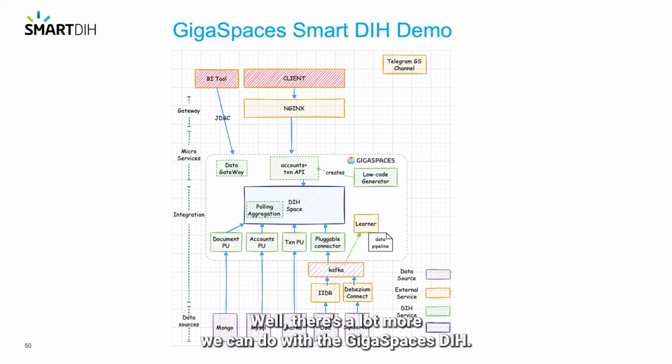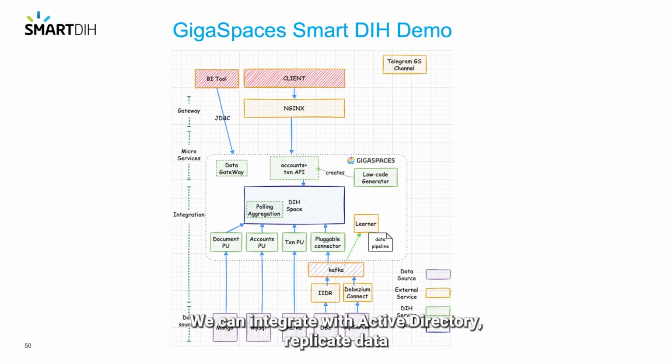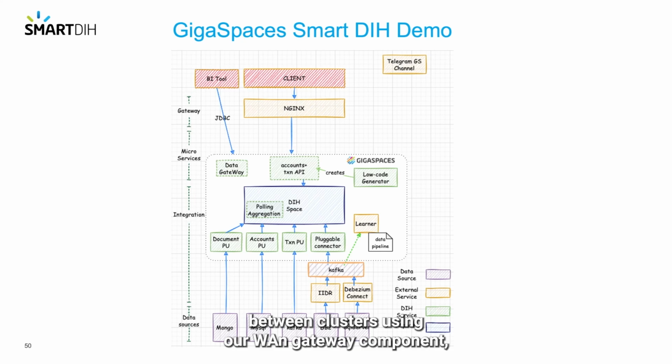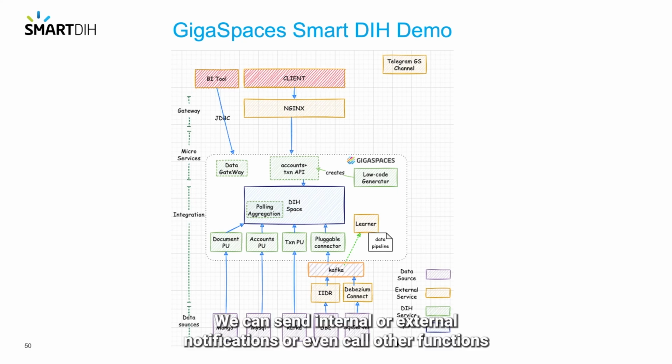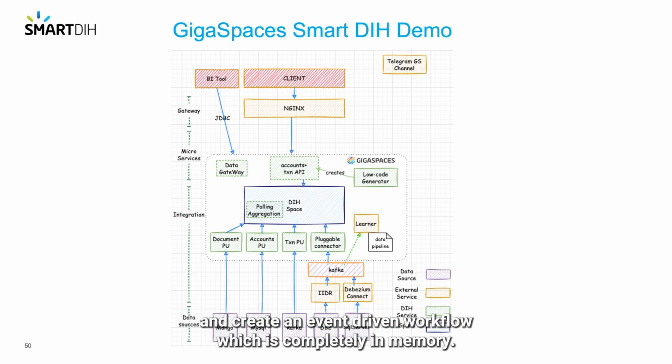What else? Well, there's a lot more we can do with the GigaSpace's DIH. We can integrate with Active Directory, replicate data between clusters using our WAN gateway component, conduct hybrid deployments, or even multi-cloud deployments. We can send internal or external notifications, or even call other functions and create an event-driven workflow which is completely in memory.